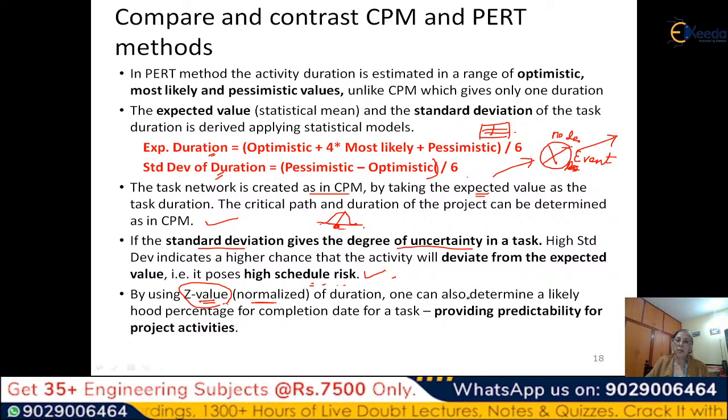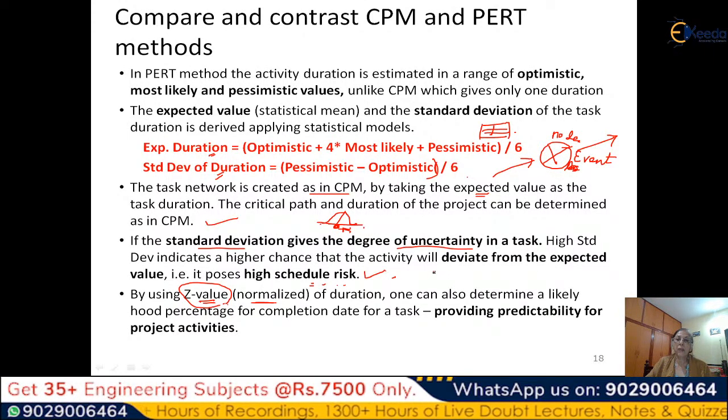Each task you convert like that, then you get a set of z values, so each duration becomes a z value. Then there are z tables, normal variable tables, so you can use those tables to determine the likelihood percentage for completion date of a task. So that will provide you predictability. That means you can predict the percentage of completing within a particular time.